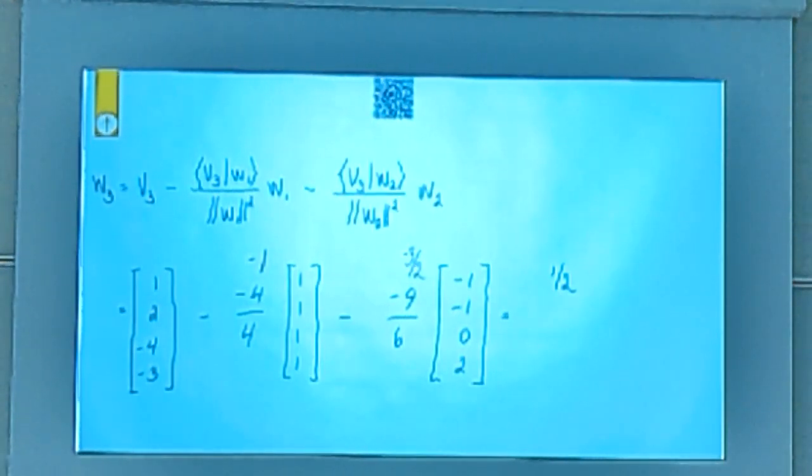Minus 3 halves. It's 3 halves. Negative 4 plus 1, negative 3.